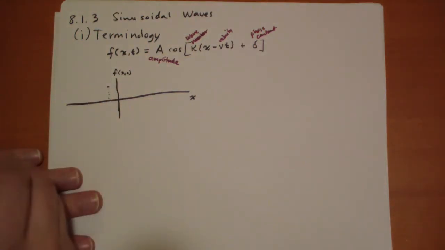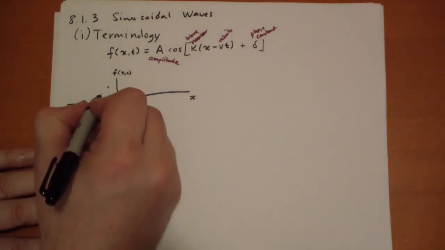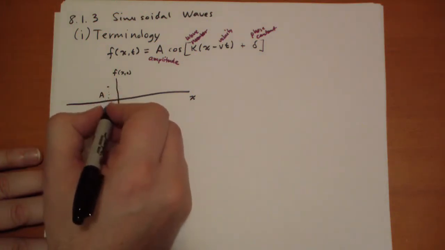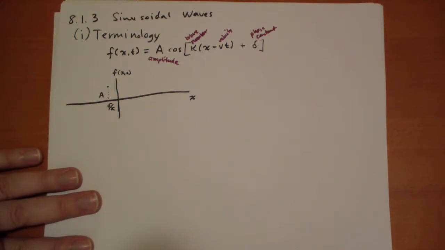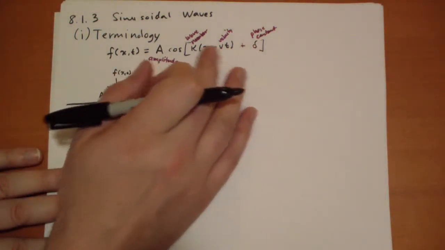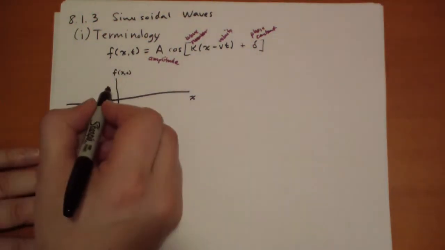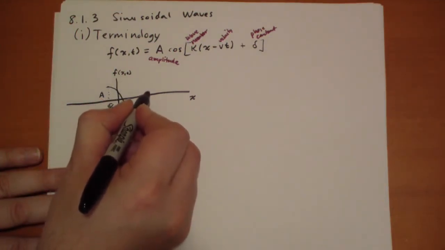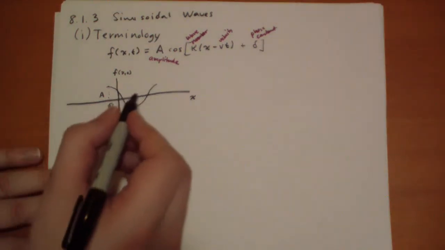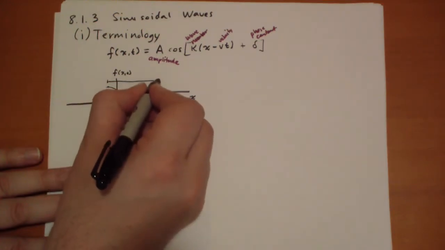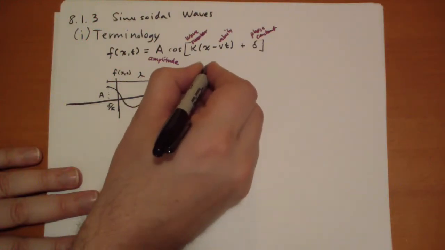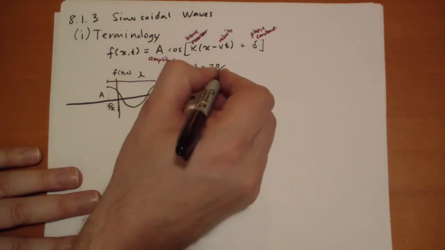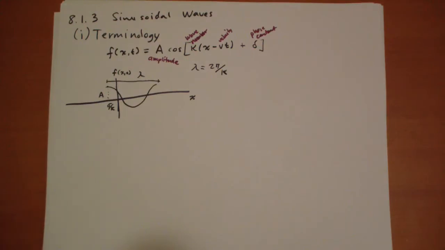The height is A. The displacement there is delta over kappa, or k. That's this divided by that, and then it's going to go down and then go back up. And this is one wavelength lambda, where the wavelength lambda is simply 2 pi over the wave number kappa. Let me write that out. It's the wavelength.